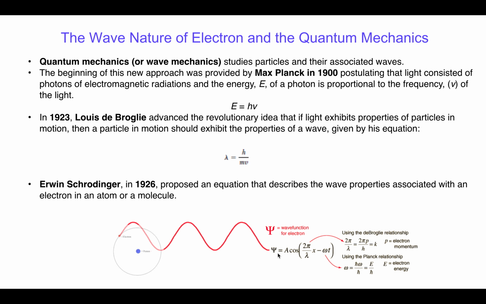This equation actually was derived by considering the wave nature of the electron. For example, this is a hydrogen atom, and this is the electron inside this hydrogen atom revolving around the nucleus. So by considering the wave nature of this electron, the equation derived by Schrödinger is given here.